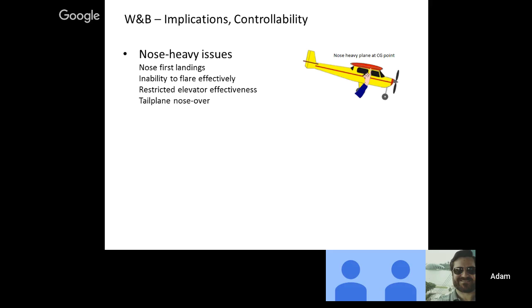Probably more importantly, upon landing, your aircraft will want to land nose first. Your elevator control will be limited to the point where you may encounter nose gear first landings, damage the propeller, or worse, if you're flying a tailwheel aircraft, potentially nose the aircraft over, flip the aircraft forward.